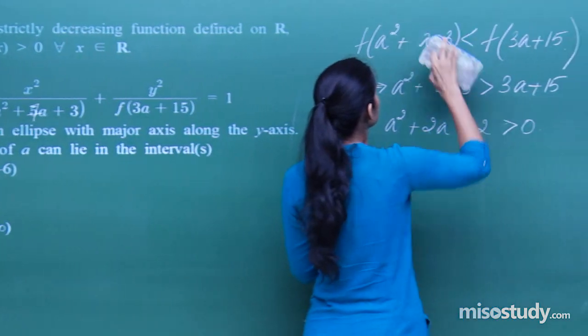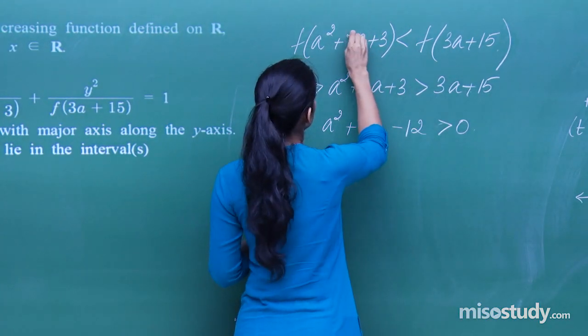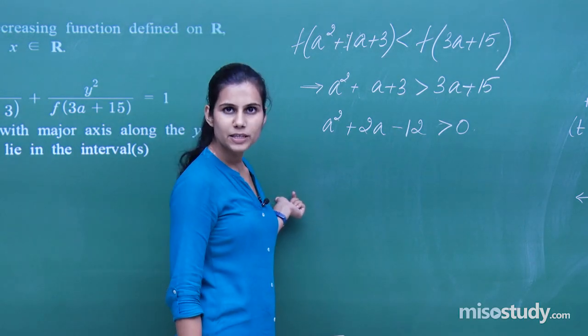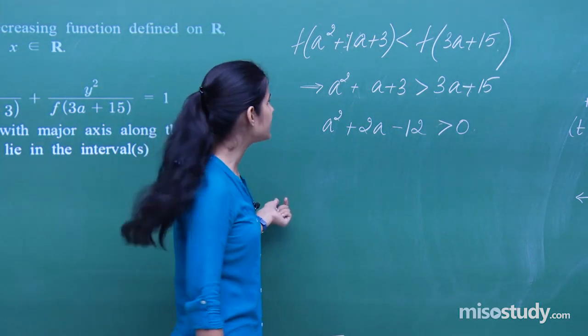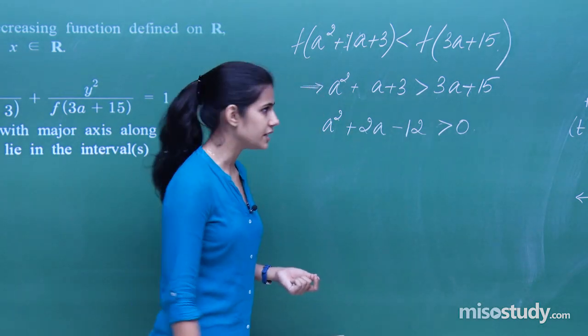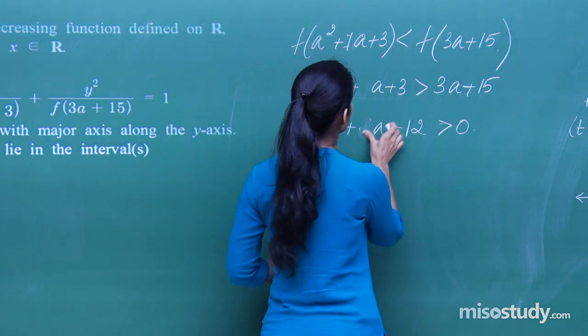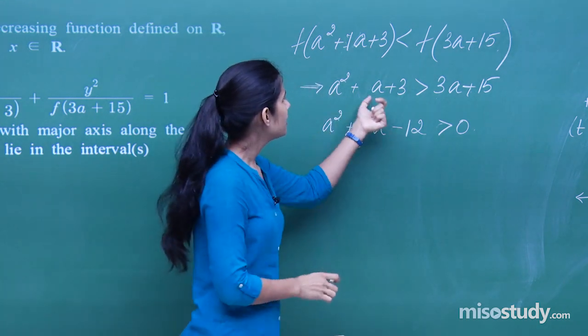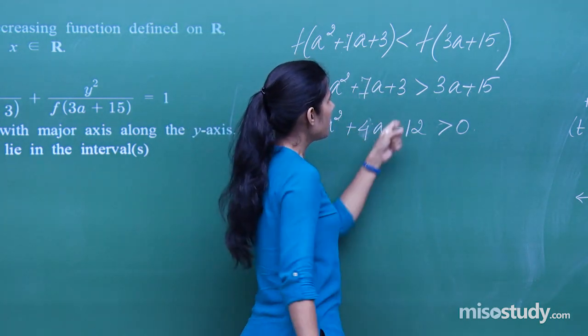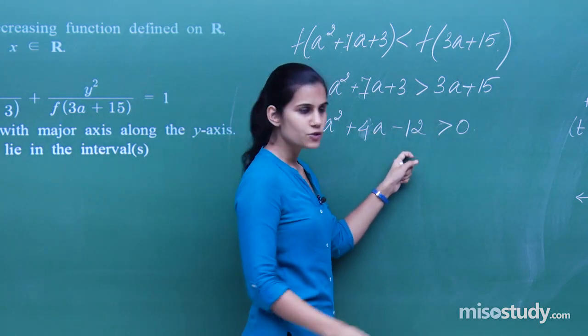The correct form is a square plus 7a plus 3 is less than f of 3a plus 15, as f is strictly decreasing. So this becomes a square plus 7a plus 3 greater than 3a plus 15, which is what? This becomes a square plus 7a minus 3a, which is 4a, plus 3 minus 15, which is minus 12.